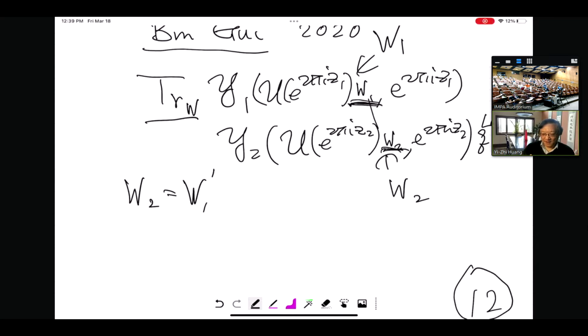I should say that this is the reason why, after we constructed the genus 0 and genus 1 modular functors, you can use them to construct the high genus modular functor. So genus 0 and genus 1 already gave you the high genus modular functor.